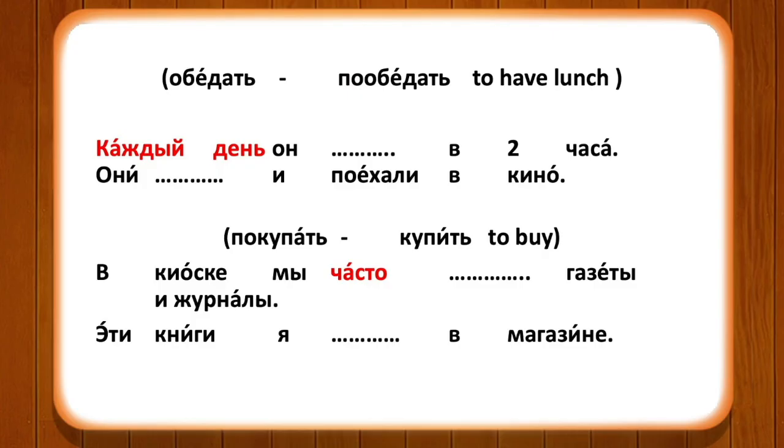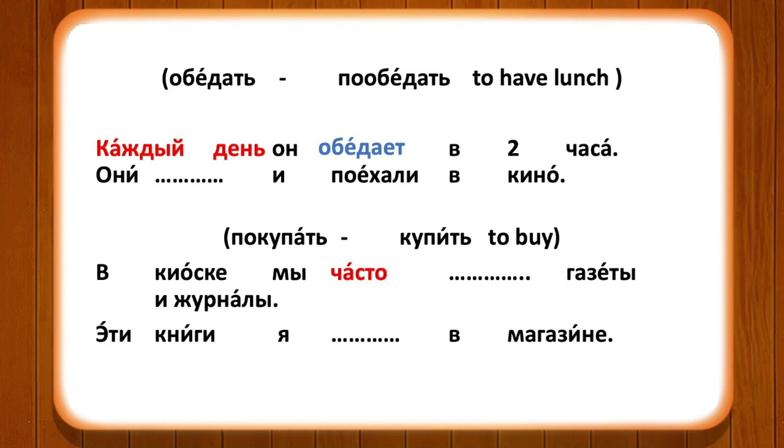Because каждый день is being used here, it indicates a habitual action every day. So to denote this action, you will be using the imperfective aspect, which is обедать, and conjugate it according to the pronoun он. So каждый день он обедает. Он обедает в 2 часа. He eats lunch at 2 o'clock.